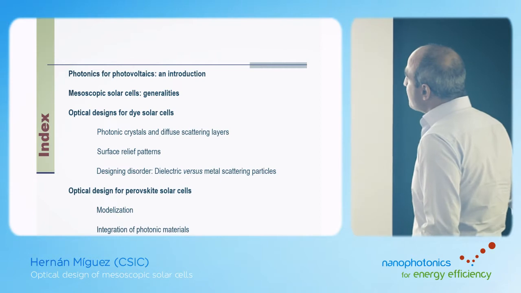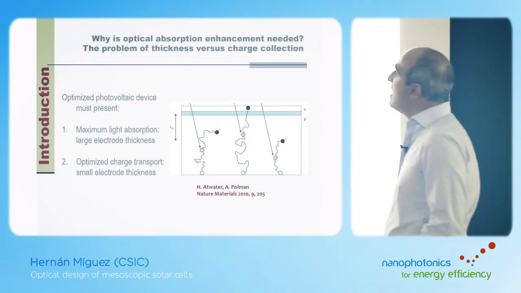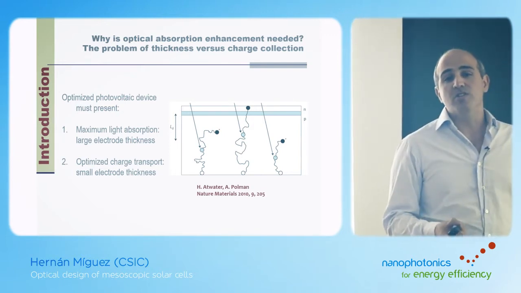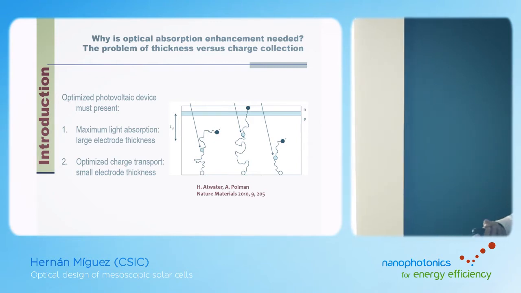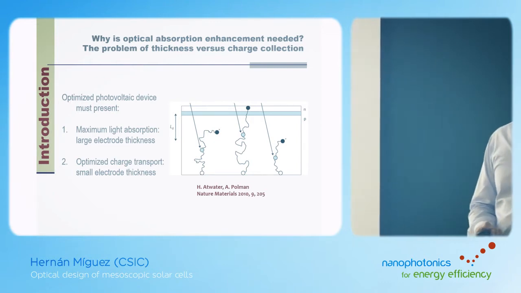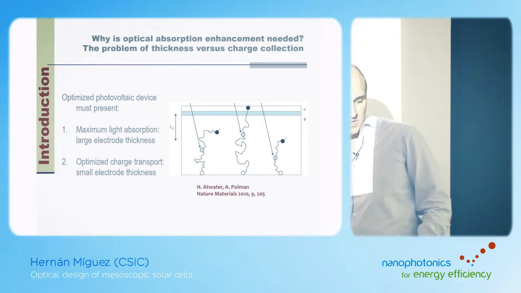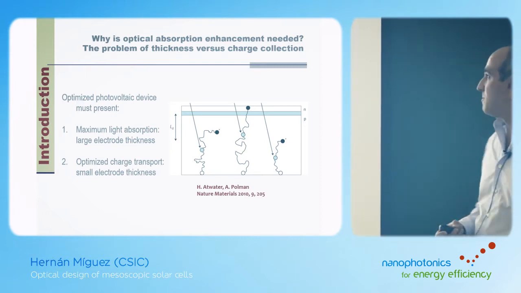First of all, well, I'm going to skip this actually because this is what I just said. What is the key reason why we want to work in nanophotonics or photonics in general in a solar cell? Although this might be pretty obvious for everybody, I wanted just to rethink this a little bit.